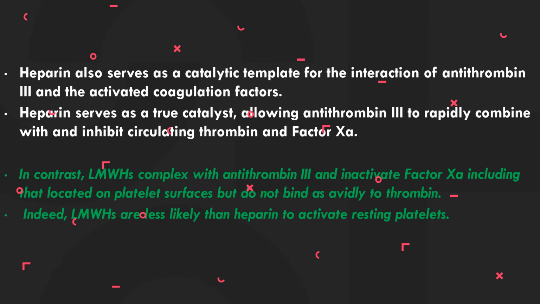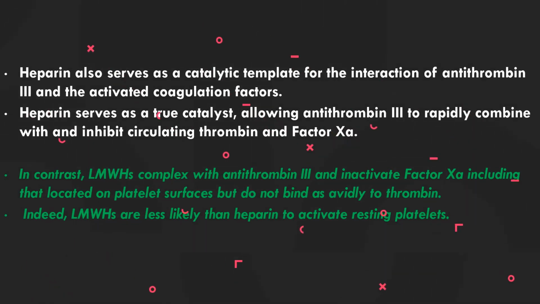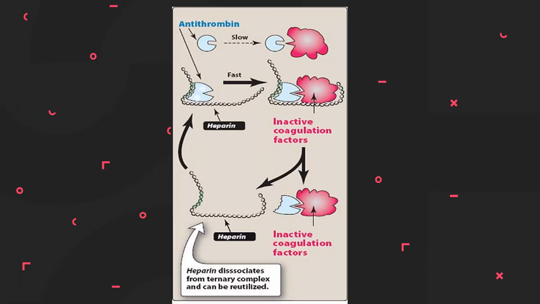So let's have a diagrammatic look at the mechanism of action of these two. This is the diagram, and you can clearly appreciate that antithrombin 3, which basically looks like a Pac-Man for your picture presentation, when it interacts with the clotting factor, normally this reaction is very slow, but when you add this chain of heparin, this process is accelerated 1000-fold, and there is inactivation of clotting factors.